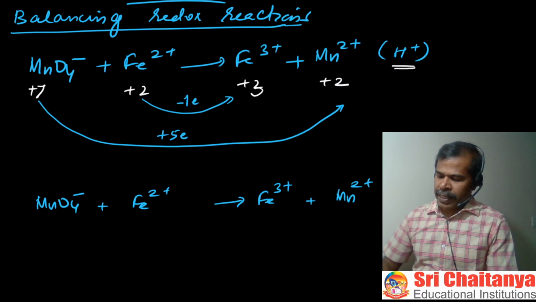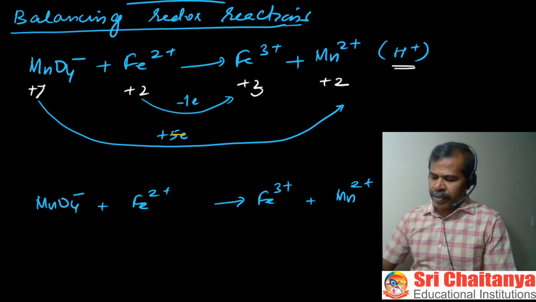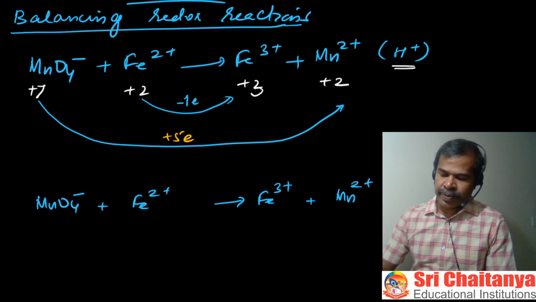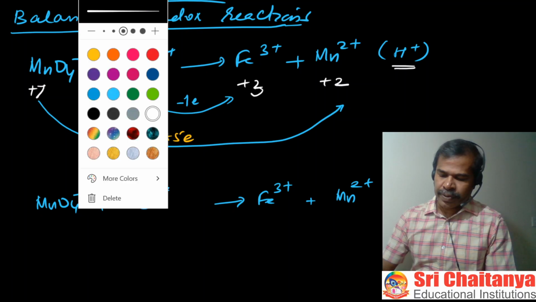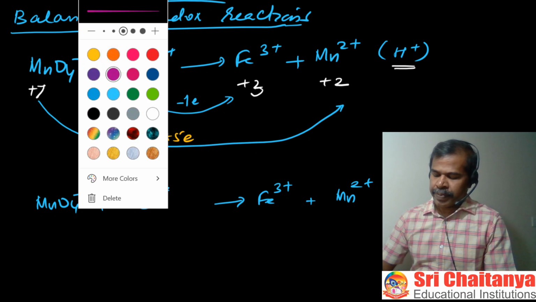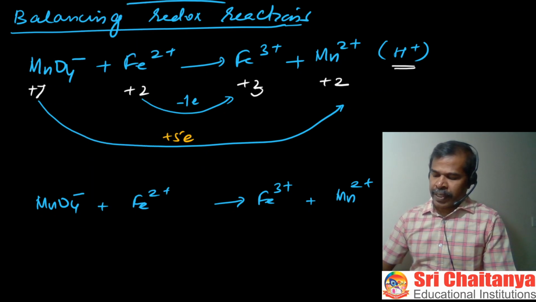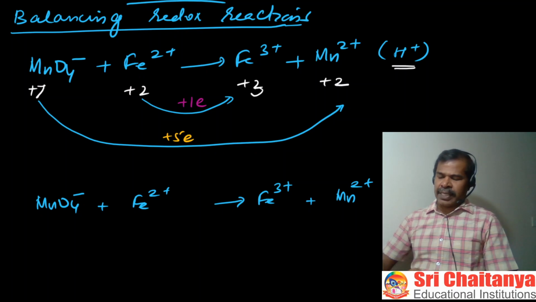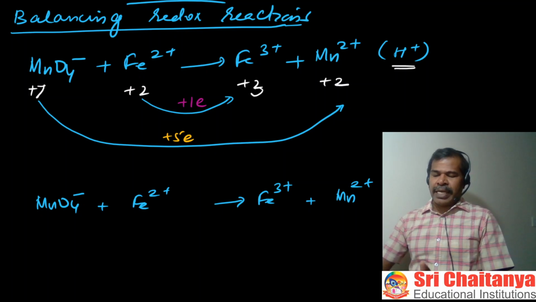So this is 5 electrons, and this is say 1. Just to differentiate between the electrons, where exactly they are going, we will track. So just see, 5 and 1 electrons are there, and it's a redox reaction.